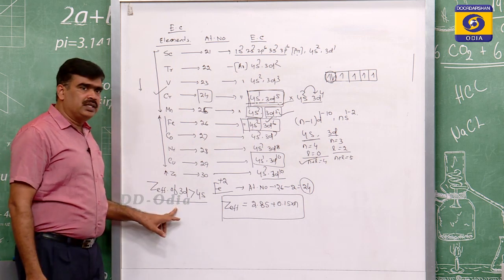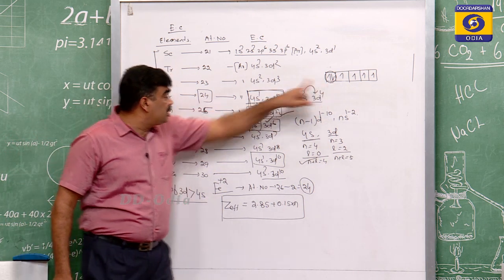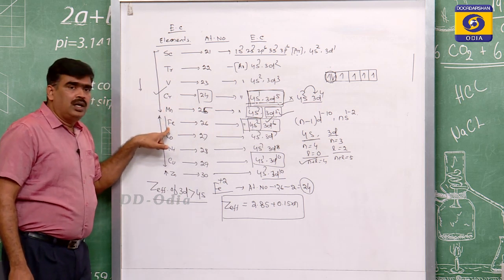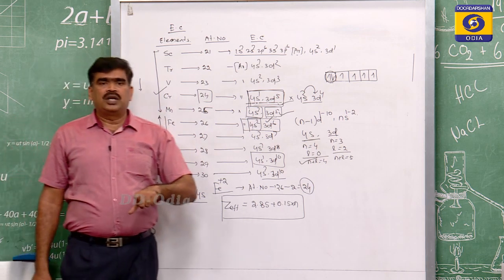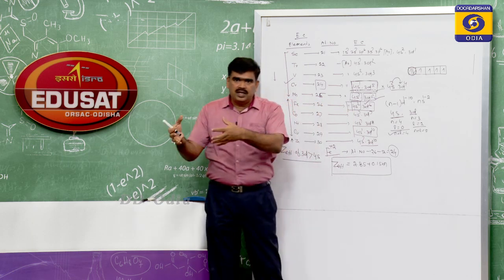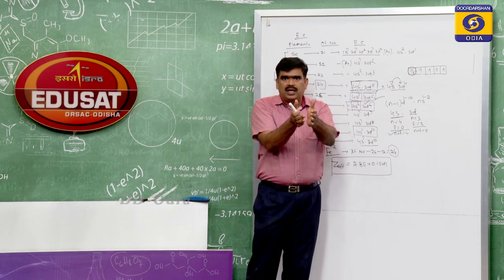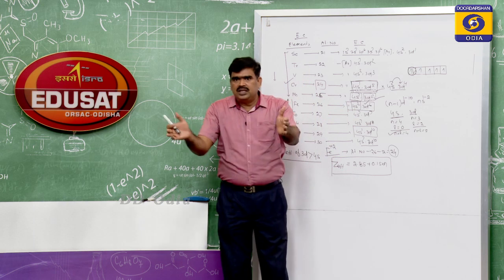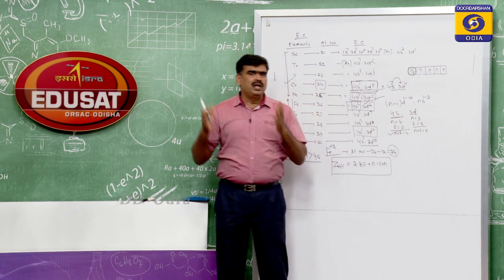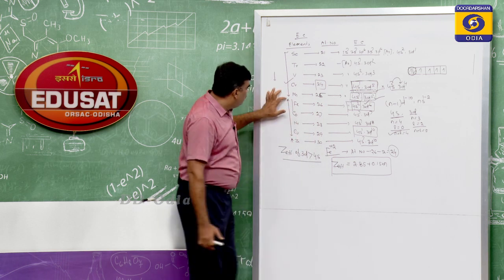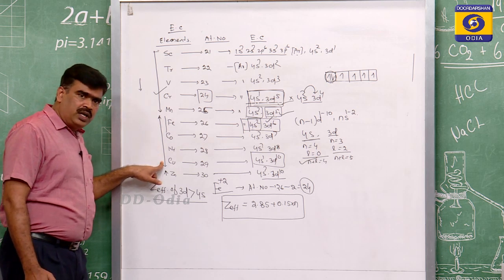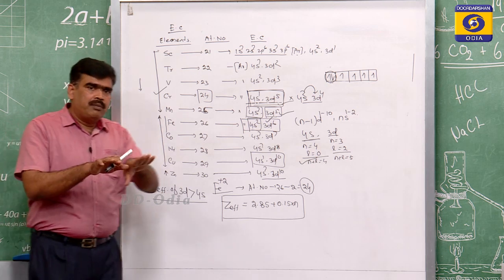Effective nuclear charge increases at the same time, because pairing of electrons starts with iron, after manganese. Pairing means repulsion. So, attraction increases, repulsion increases. Attraction brings the valence shell closer and repulsion makes it move away. So, they cancel each other, and size remains constant up to copper. Here electronic repulsion and effective nuclear charge are balanced.